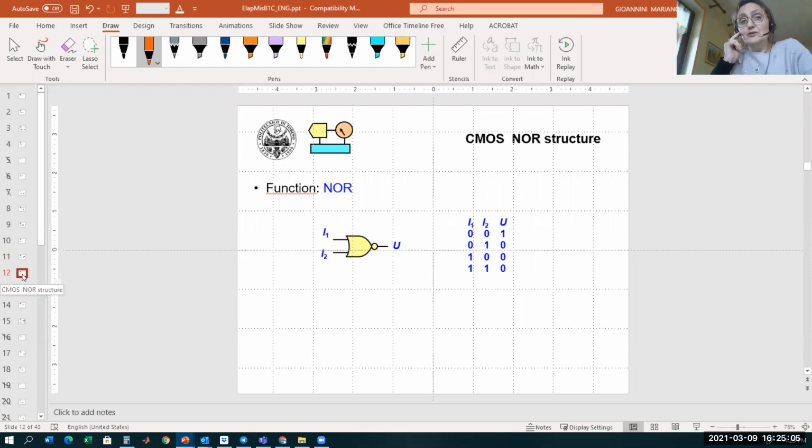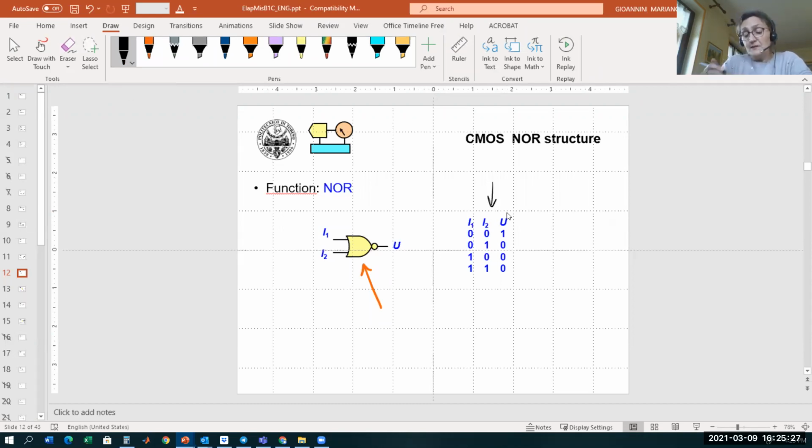And you can repeat the vice versa for the NOR. So for the NOR case, as you can see, we have the opposite. This is the symbol of the NOR gate. This is the truth table.